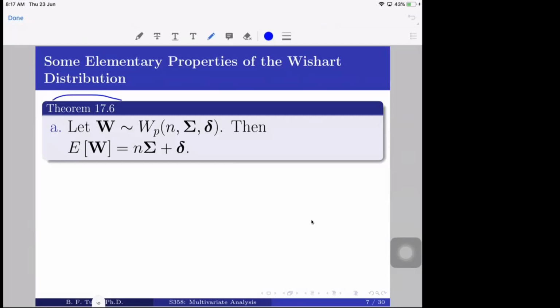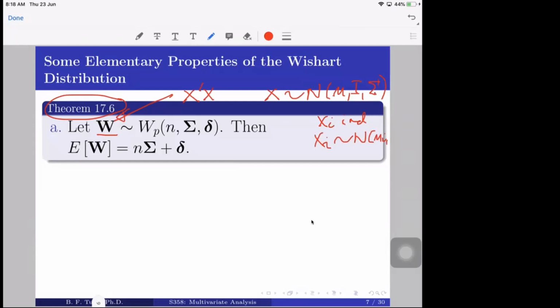So what is this theorem telling us? That if we have a random matrix which is transformed as x prime x, with the assumption that x is normal with mean mu, I, and sigma, and of course the xi's should be independent and each of the xi's are also normally distributed.